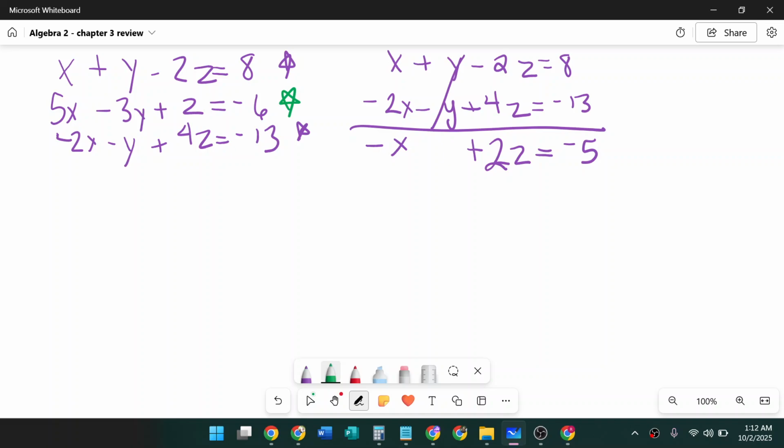Let's see. None of them really line up, but this one has just a solo z going on right here. So I can multiply that up or down to whatever. So I'll just pick this one since it's negative and therefore opposite. So x plus y minus 2z equals 8, which means I want this to be 2z. So I'm multiplying everything by 2.